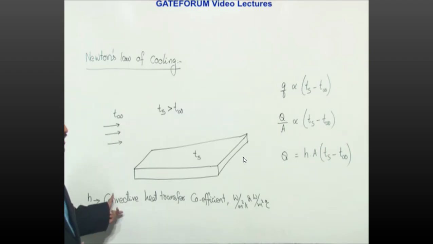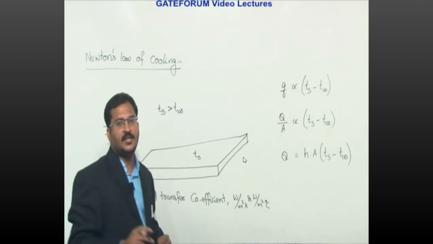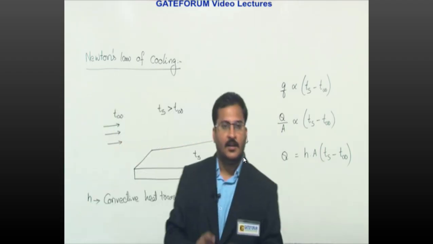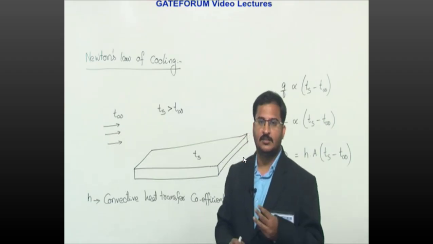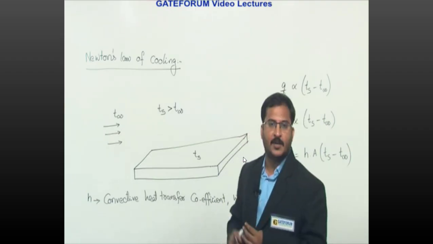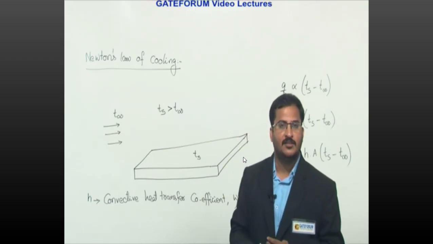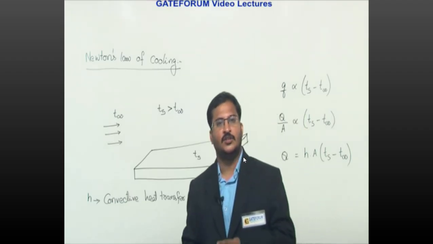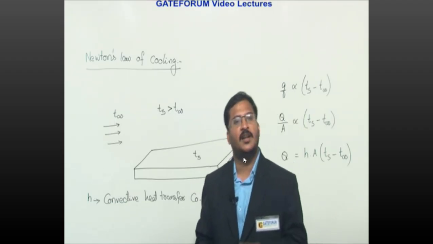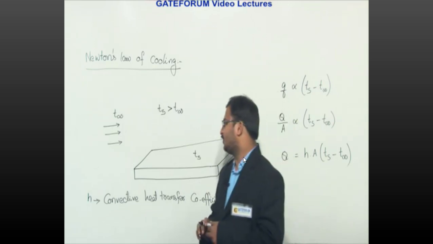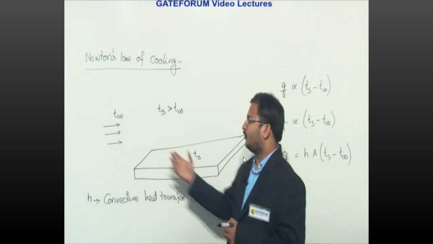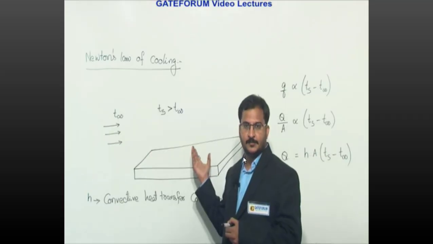So, the convective heat transfer coefficient is not a material property and it depends upon three different parameters: the geometric parameters, fluid parameters and flow parameters. Geometric parameters means, as this is a plate, we consider the length of the plate.